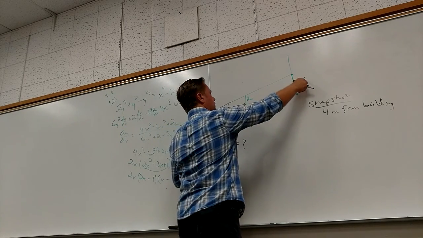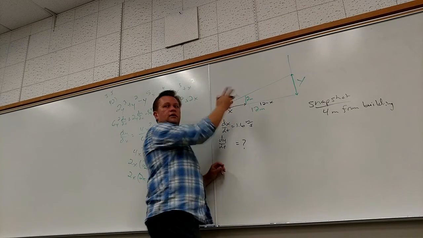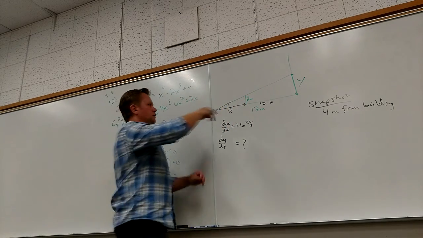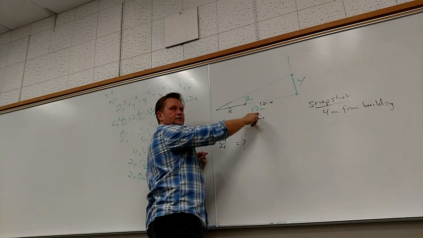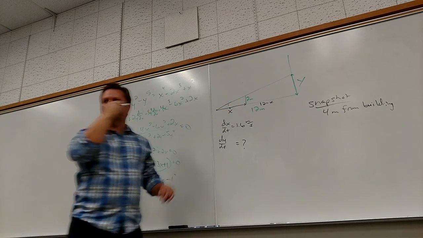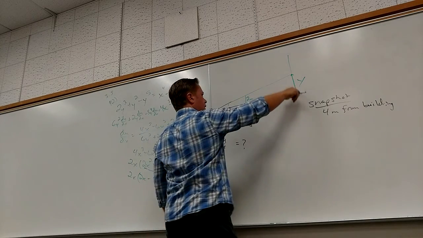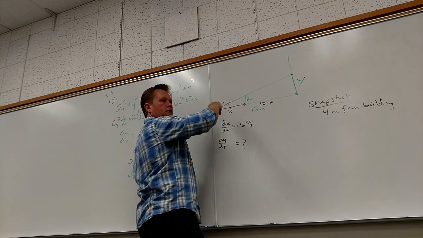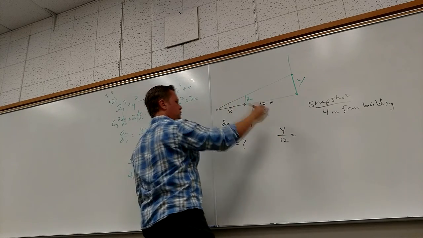So y is to 12 as 2 is to x. That's one way you can set that up. There's other ways to do it. The big triangle's side to the big triangle's bottom, that ratio is the small triangle's side to the small triangle's bottom.